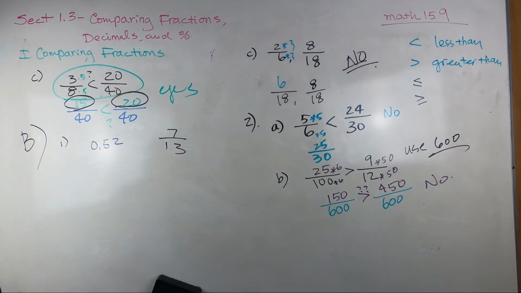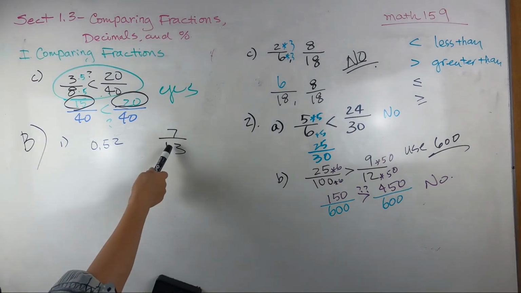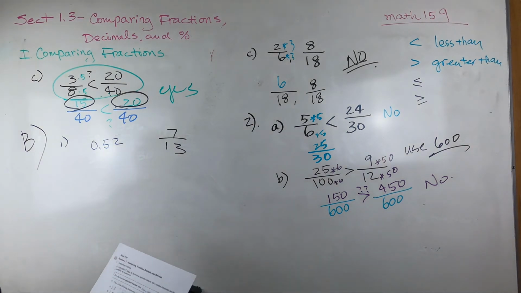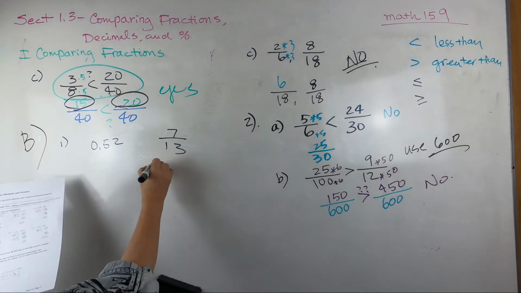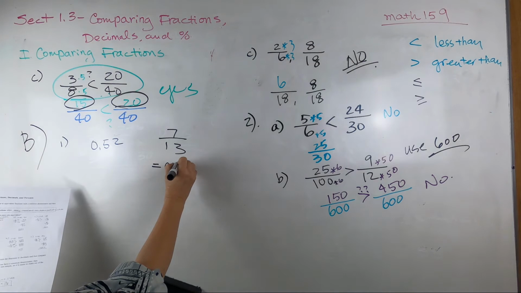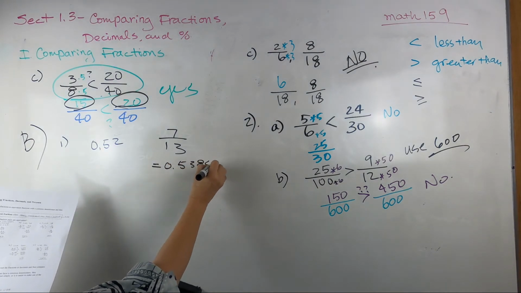Then you have to use the second approach. That means change everything to decimals. How do you change the fraction to decimal? Just use your calculator, right? So this one, if you divide, that will be things like that.